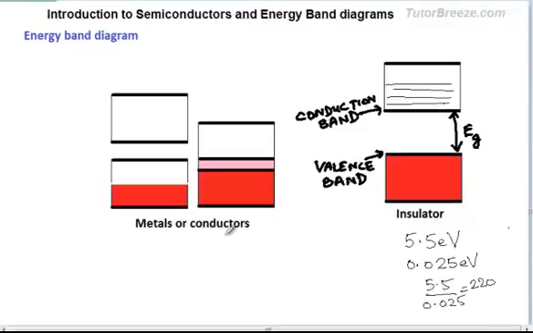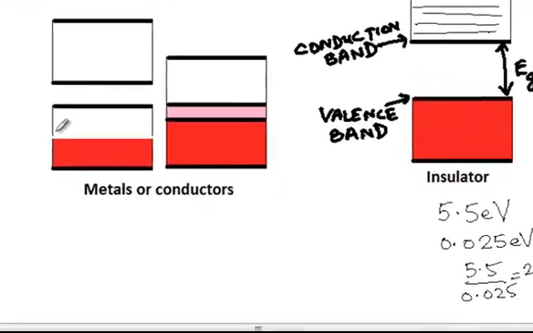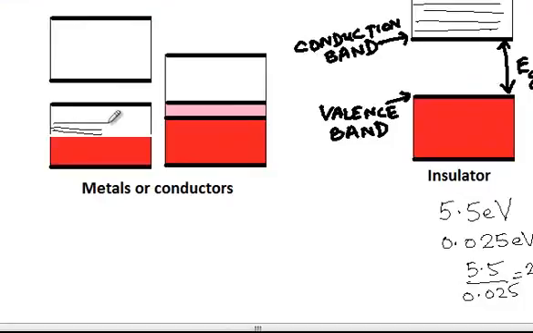Now, in case of metals or conductors, the highest occupied level falls somewhere near the middle of the energy band, which means if a potential difference is applied to the metal, a current will exist, because there are plenty of vacant levels available to which the electrons can jump.